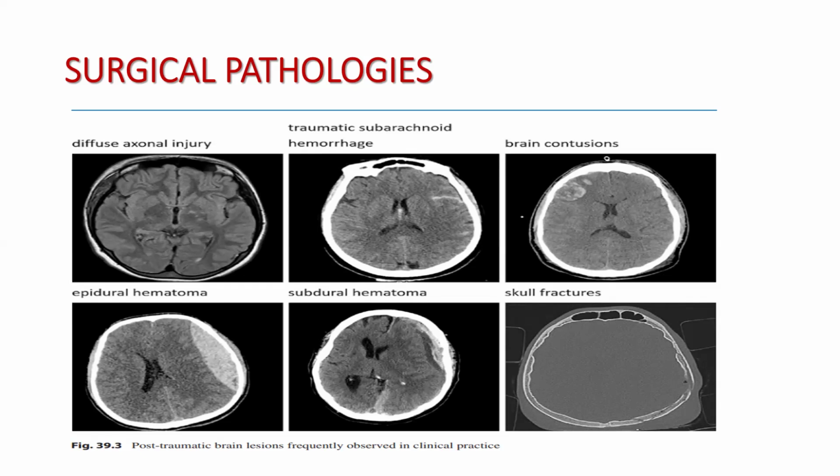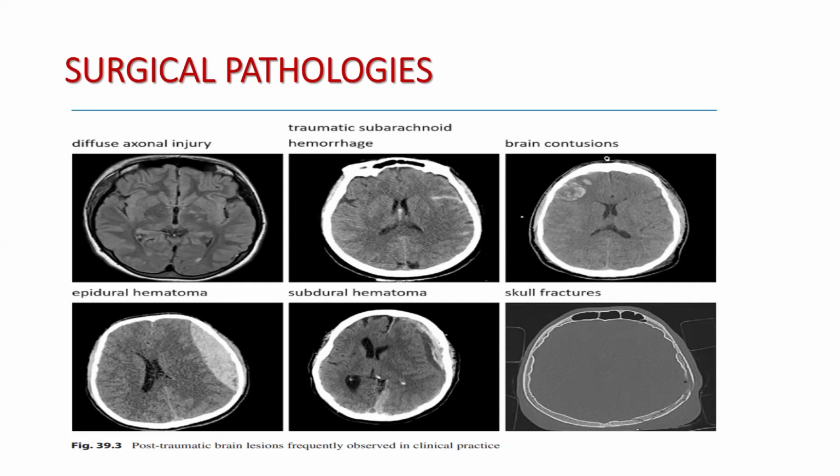In the middle, on top here, it is showing traumatic subarachnoid hemorrhage. If you can see my arrow, this whitening that you can see here is a subarachnoid hemorrhage on CT scan, and just below it is the subdural hematoma. A subdural hematoma takes on a concave shape, following the shape of the brain, also showing evident midline shift that you can see here.